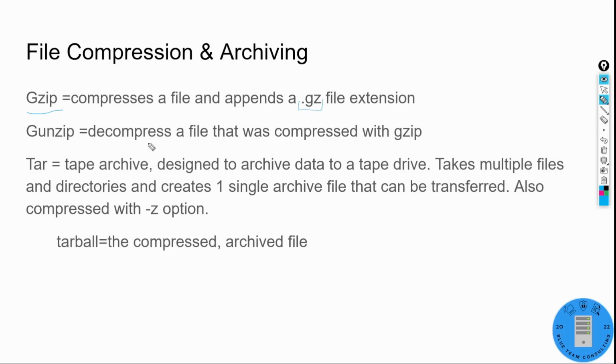If you want to decompress that compressed file, it's going to be gunzip, for unzip. So g and then unzip. Gzip will compress the file, compress all those bytes together, and make it an overall smaller file. And then to unzip it, gunzip will extract everything and decompress that file that was previously compressed with gzip.